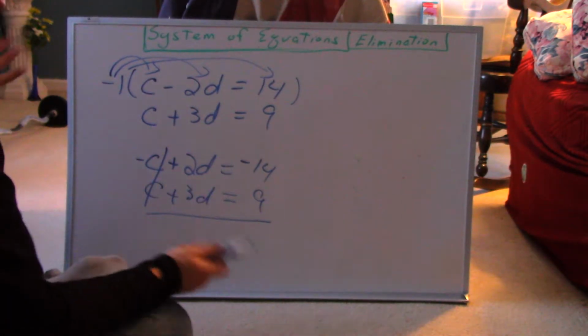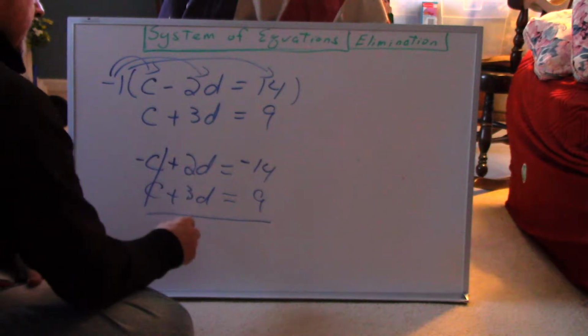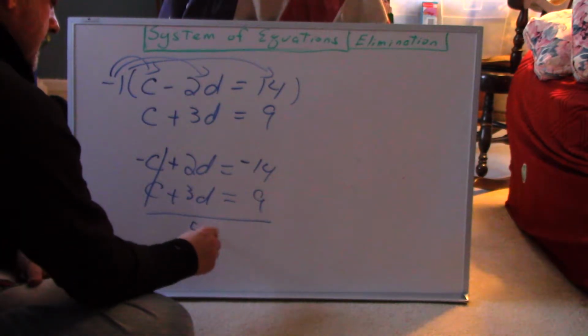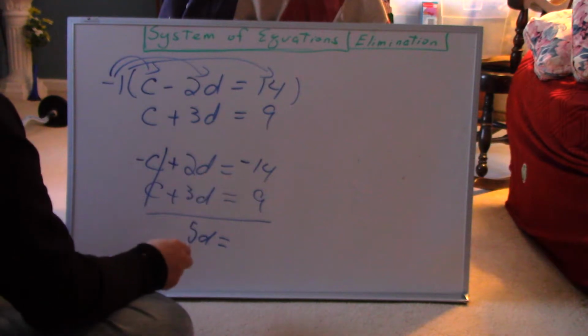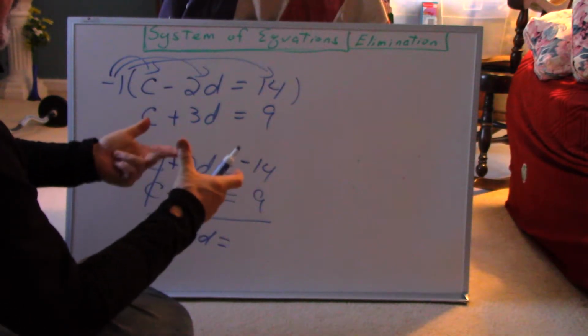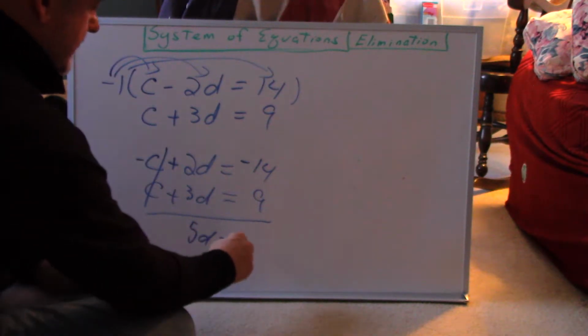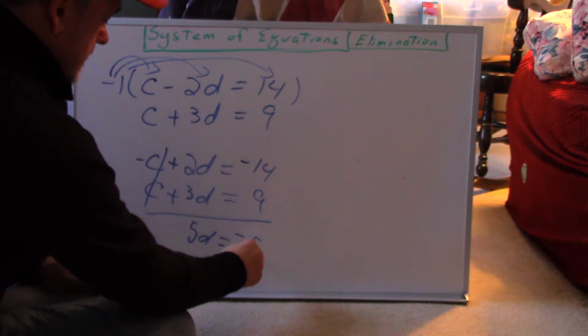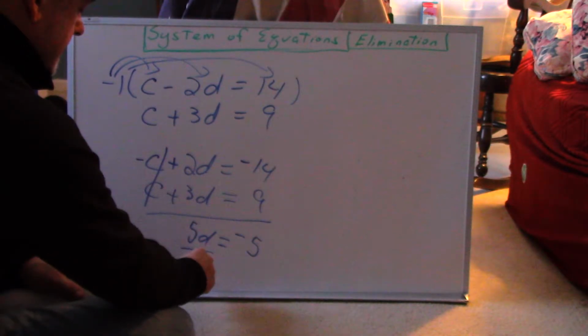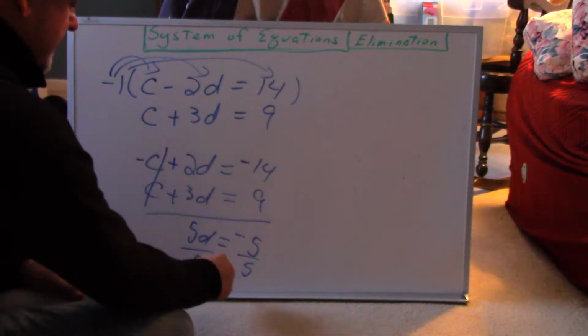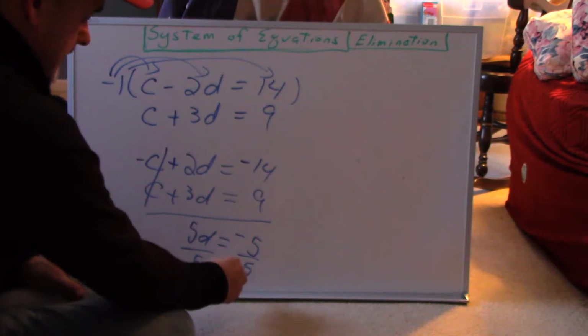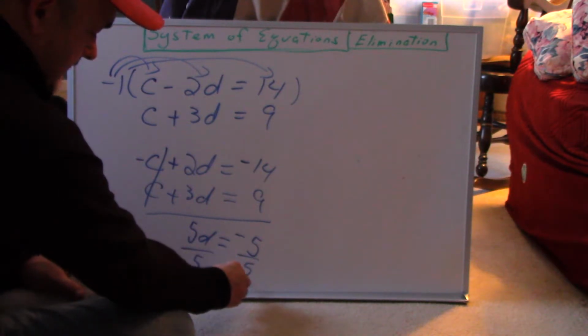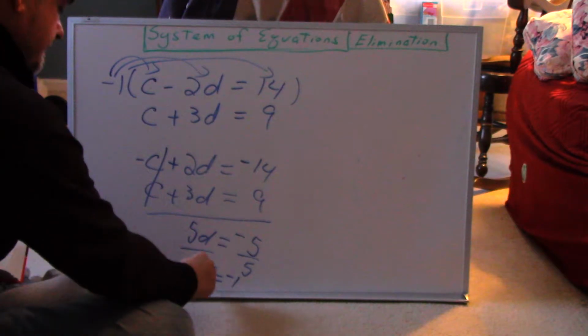It's eliminated because they're opposites. 3d and 2d is 5d. Negative 14 and 9 is negative 5, actually. And then I just simply divide by 5 to solve for d. Negative 5 divided by 5 is negative 1. So d is negative 1.